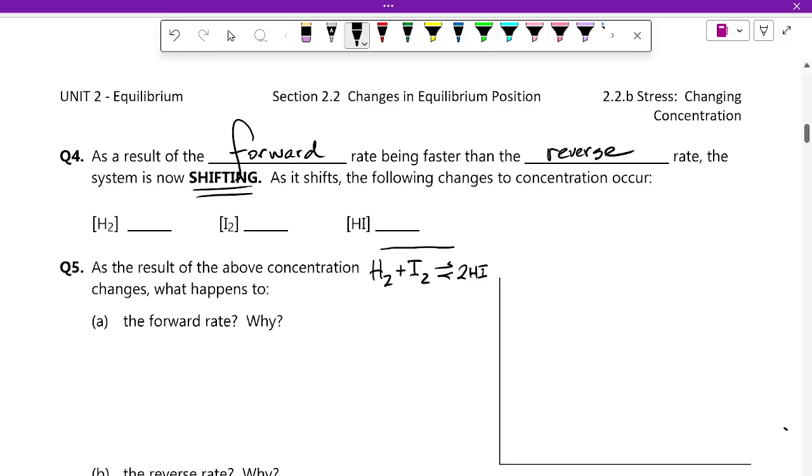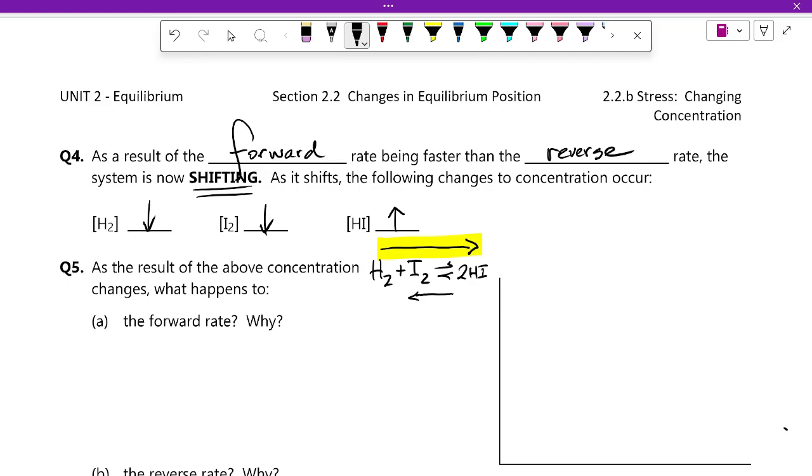The forward rate is faster than the reverse rate. Decreases, because it's being used faster than it's being produced. What happens to the concentration of I2? Decreases. It's being used faster than it is being produced. What happens to the concentration of HI? It increases because it is being produced faster than it is being used.